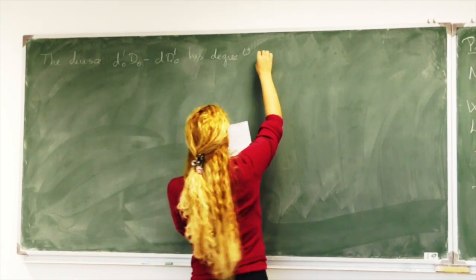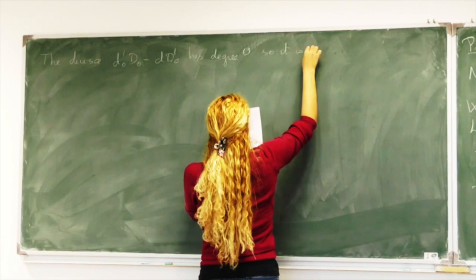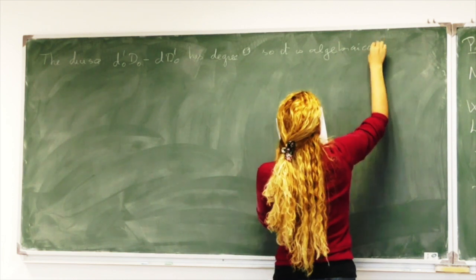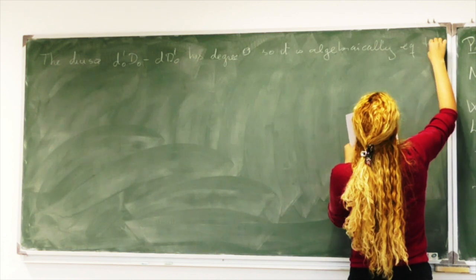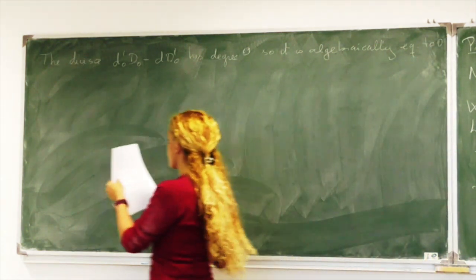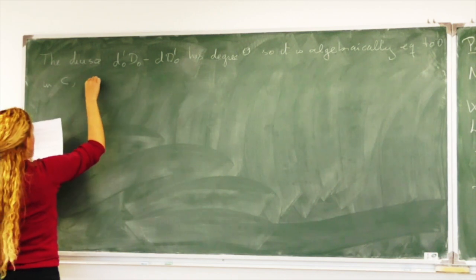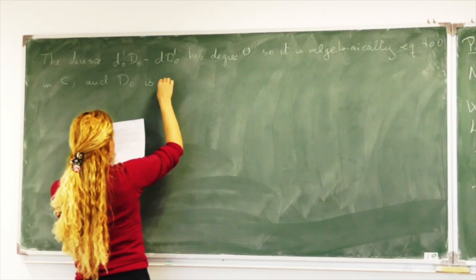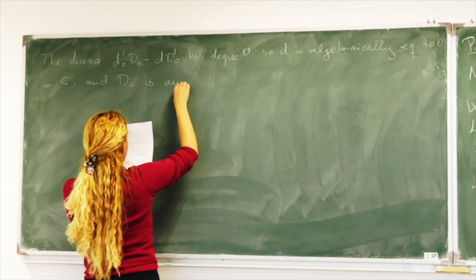So it is algebraically equivalent to 0 in C. And moreover, d0, because of the way that we define it, is ample.